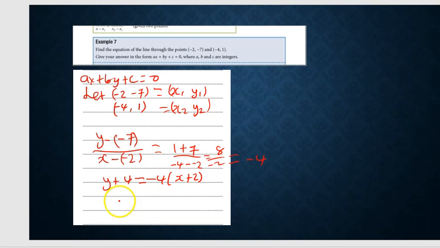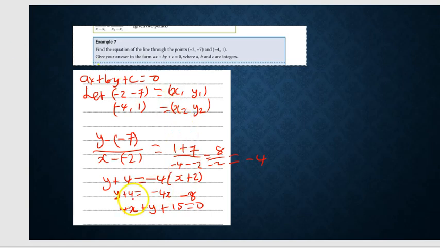So when we open that up, y plus 7 will be equal to negative 4x minus 8. Such that we have 4x plus y plus 15 equals 0.